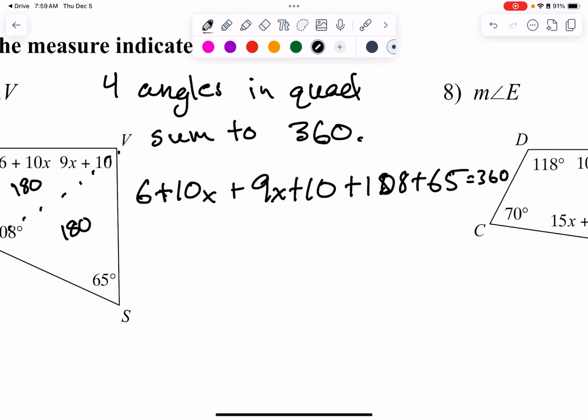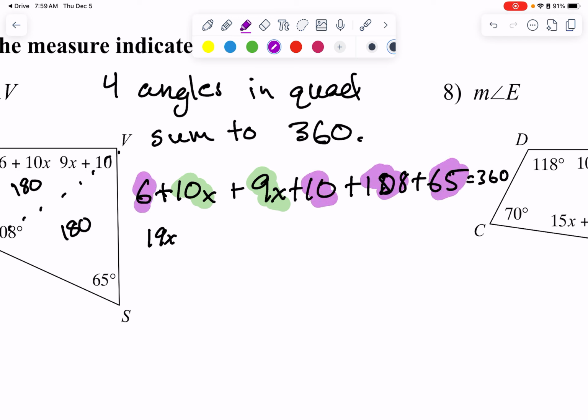But we'll start combining like terms to lower some of our spaces. I notice that I can have this 10x and 9x becomes 19x. And then my 6, 10, 108 and 65, that's a lot going on there. Let's see if we can put them all together.